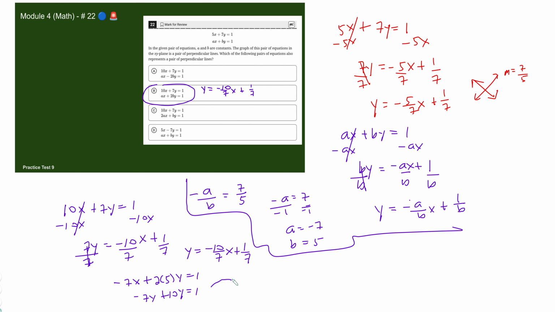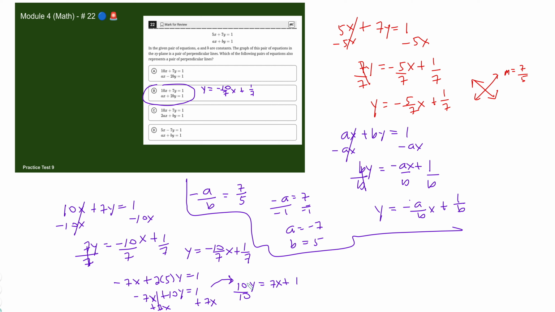Plus 7x to both sides, so 10y equals 7x plus 1.